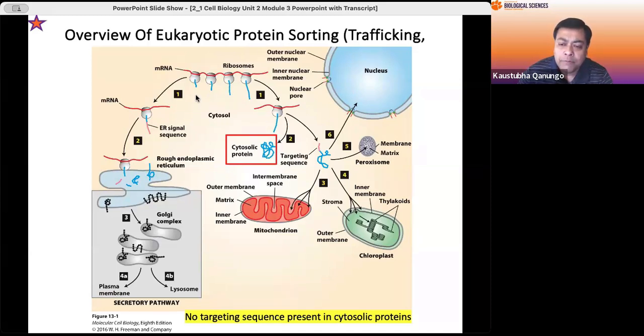Just to refresh your memory, the mRNA will have some untranslated region, and then you will have a start codon, AUG. As soon as the ribosome reads the AUG, it will put a methionine, the first amino acid, onto the protein, and it will read every 3 letters, which are called codons, and add the corresponding amino acid from the pool of 20 amino acids, which are brought by the tRNAs.